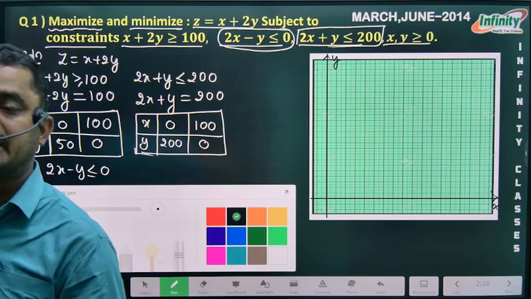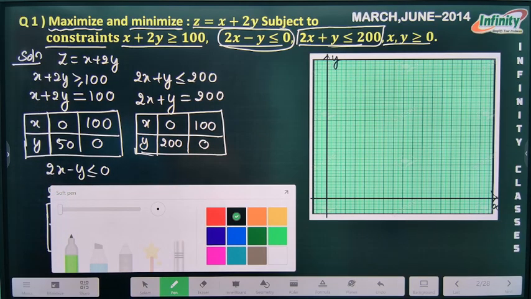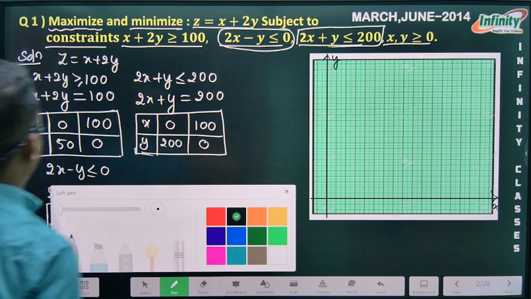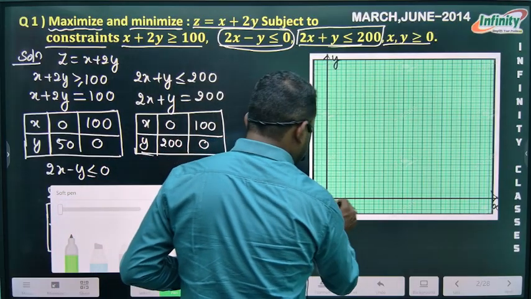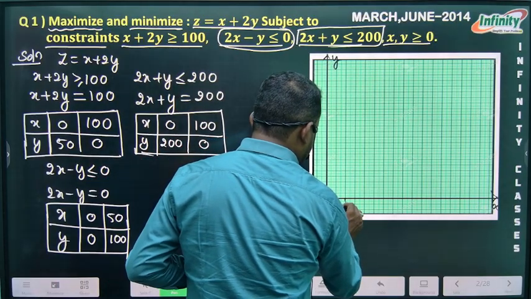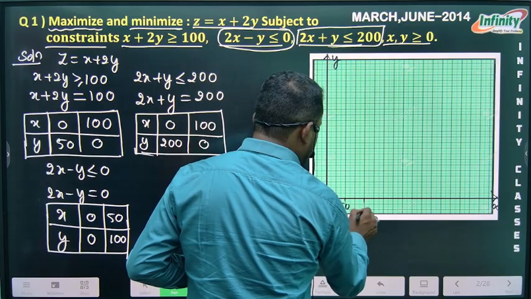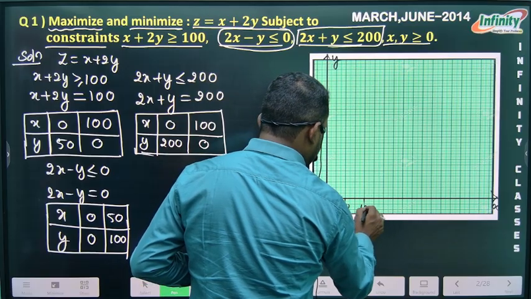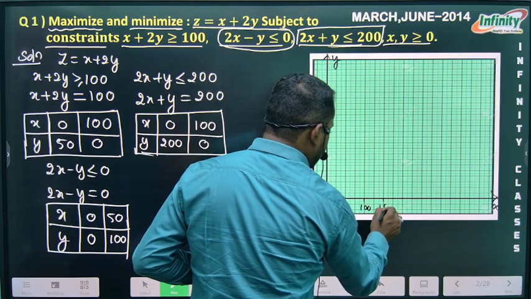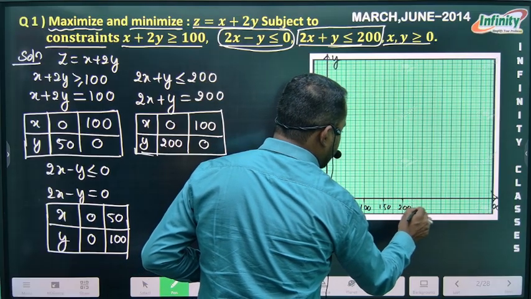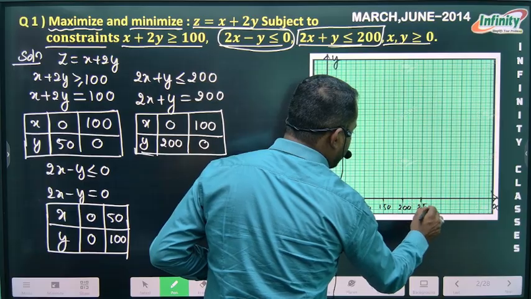Take one division. The scale is not compulsory here, so we will take this one here. I will take 2 divisions. One division is 50, 100, 150, 200, 250.